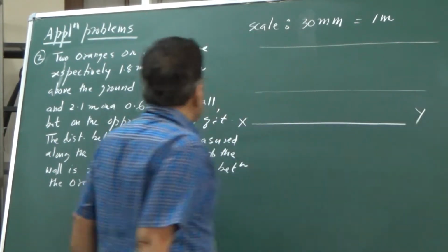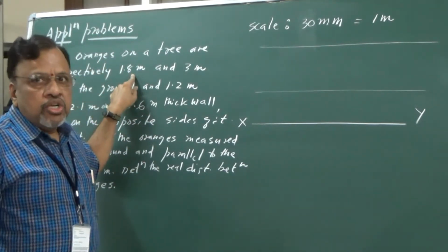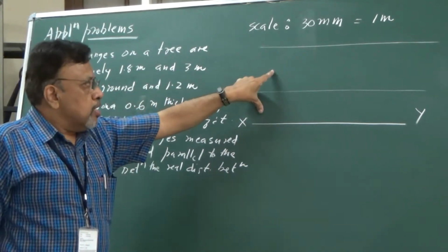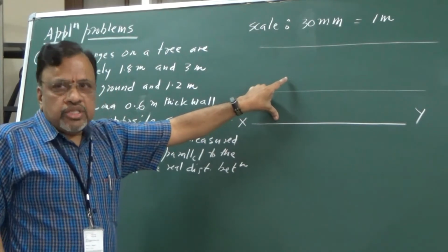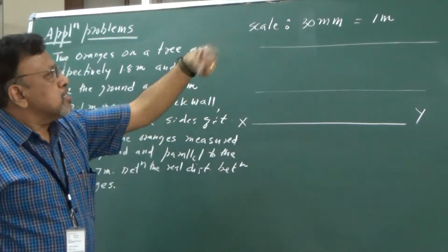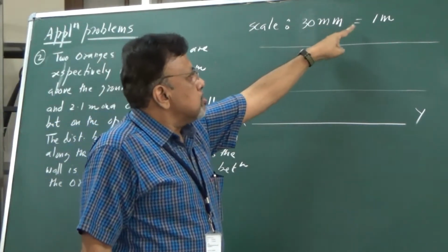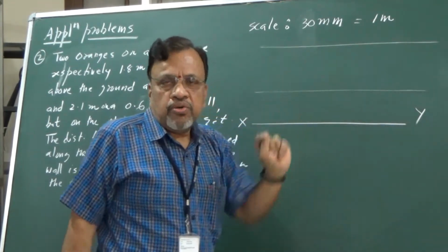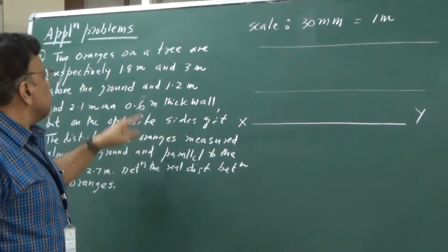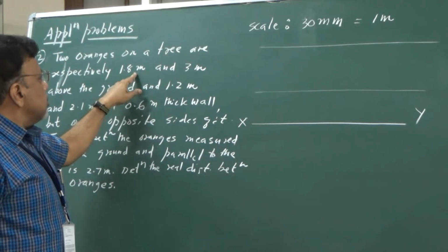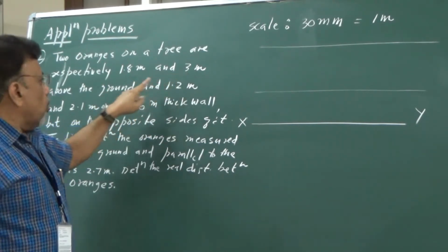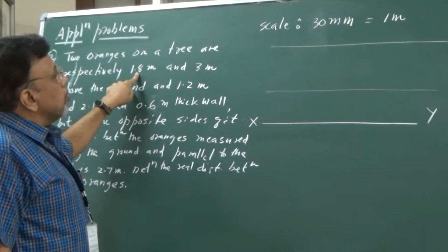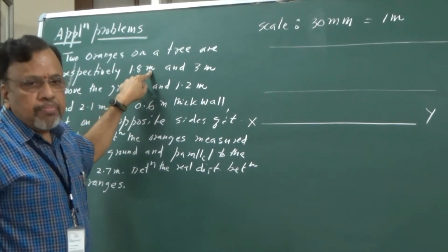And of course, since I have been given these actual distances, to do it on a drawing sheet, we need to consider some scale. Let me consider the scale to be 30 millimeters equal to 1 meter. Now I have been given 1.8 meters and 3 meters. If I want to take 1.8, I need to multiply by 3.